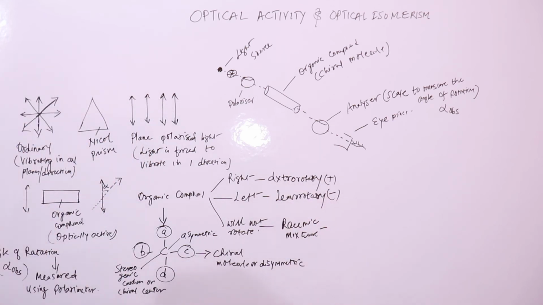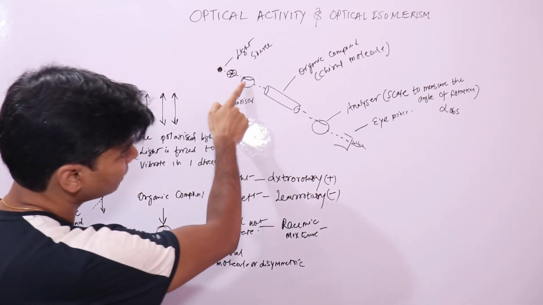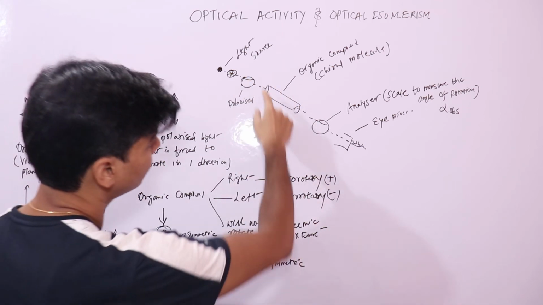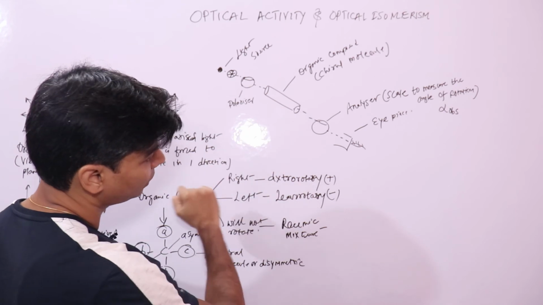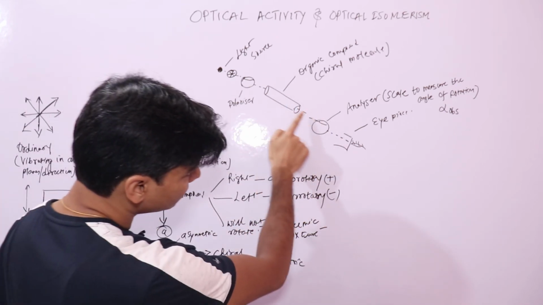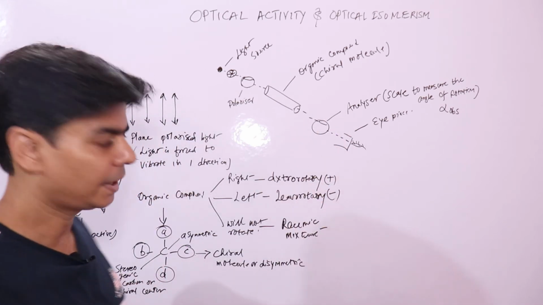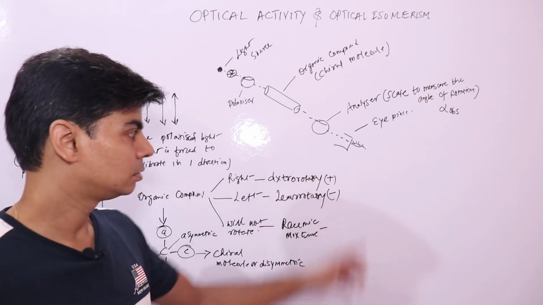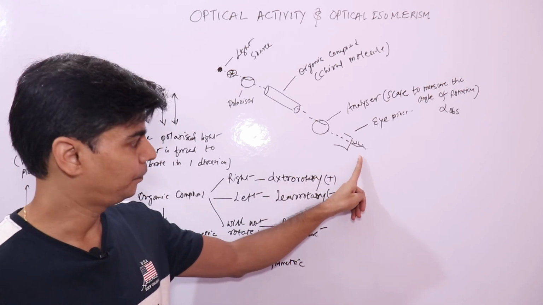Now, the plane polarized light coming out of this sample tube is rotated by an angle, so a faint light would be observed by the observer here.